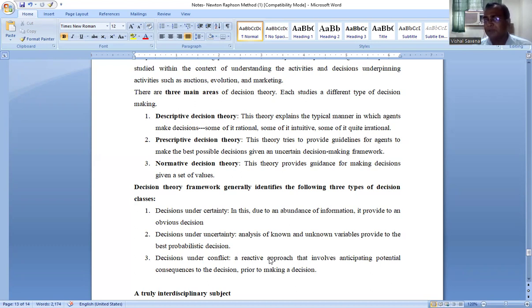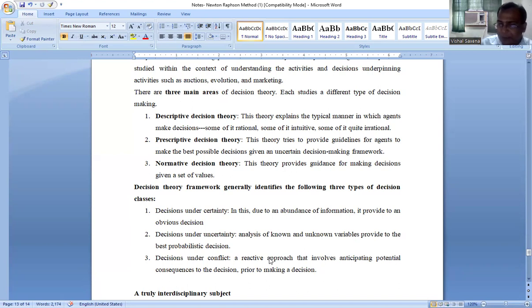So decision under certainty is ultimately a good decision by the researcher, by the investigator. In this condition, the decision maker can make a decision with certainty, and ultimately the results will come out good for him.